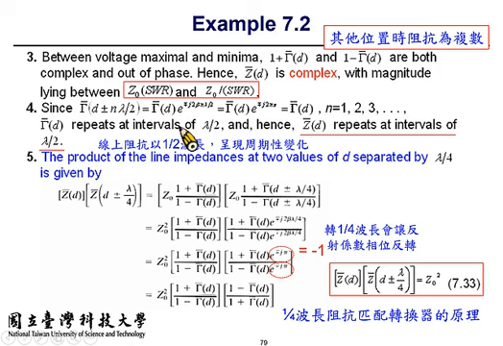So 2 times beta D, let's say delta D, the phase difference of these two paths equals what? Delta D equals a quarter wavelength, and beta equals 2 pi over lambda.